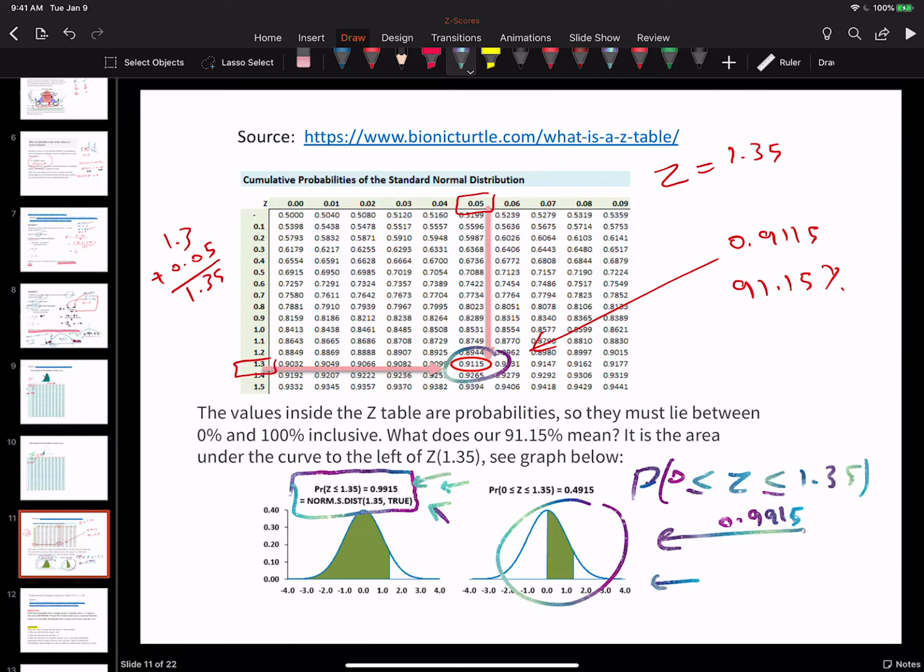From 0 down, we know it's 50%. Above 0 is 50%, below 0 is 50%. So let me write it 0.5. If you subtract 0.9915 minus 0.5, you get 0.4915. You get 0.495, and that's what they're claiming. So this much is about 50%.